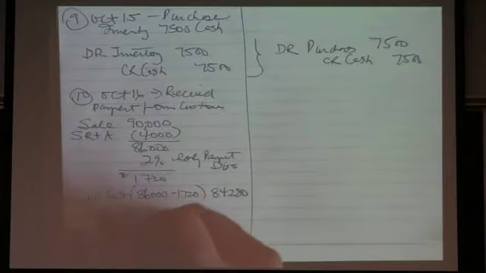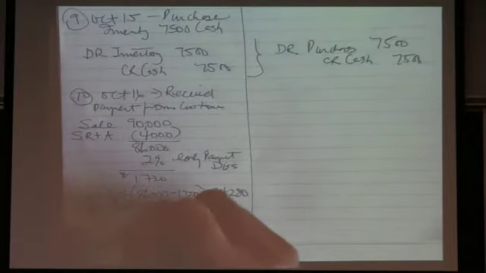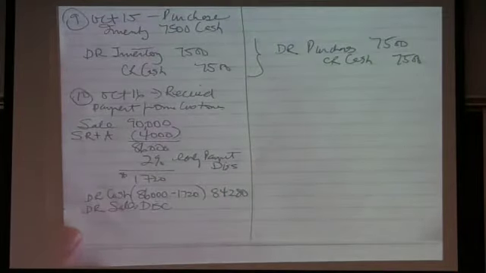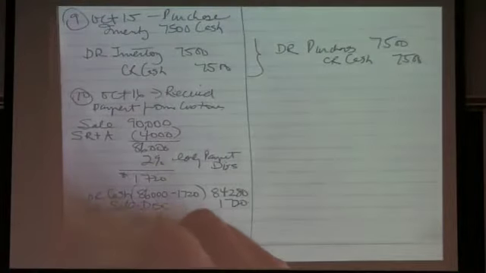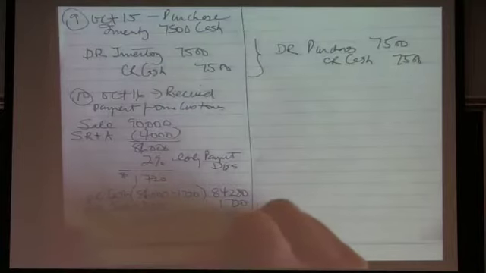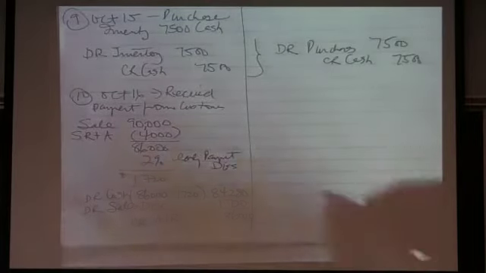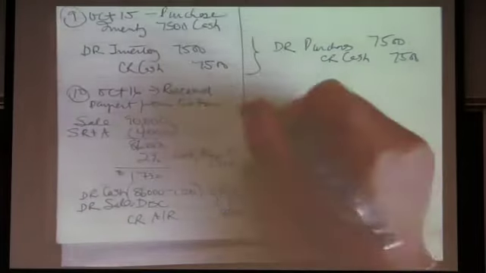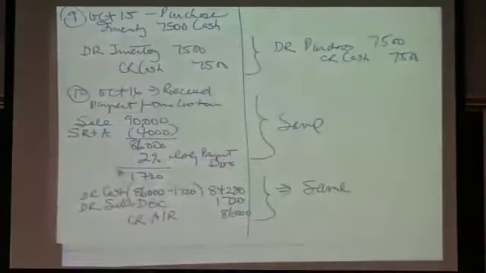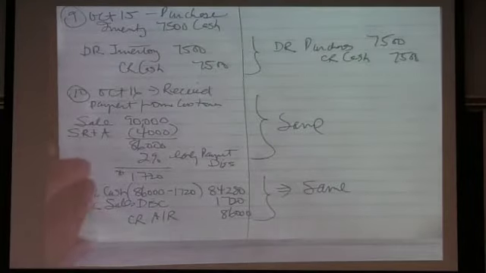We are going to debit sales discounts, and that's the 1,720 that we just calculated, and credit accounts receivable for 86,000. Now, what's the entry under the periodic? It's the same. And it's the same calculation as well.